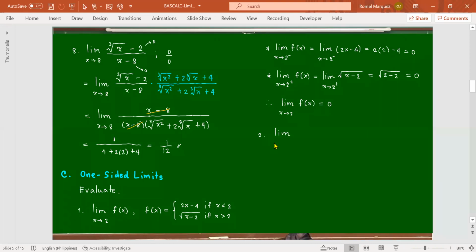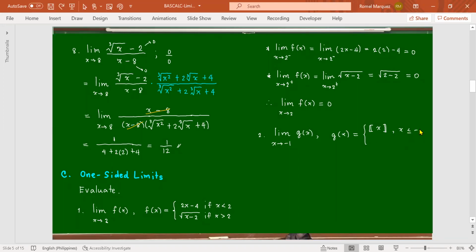Limit as x approaches, let's say, -1 of g of x, and g of x happens to be equal to, let's say, my function, greatest integer of x, if x is less than or equal to -1.